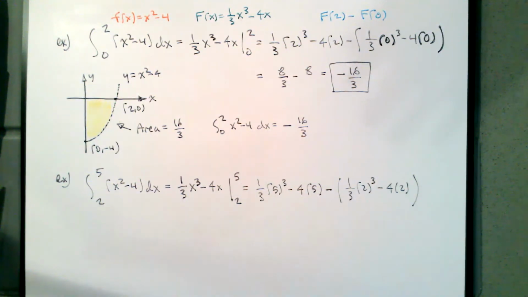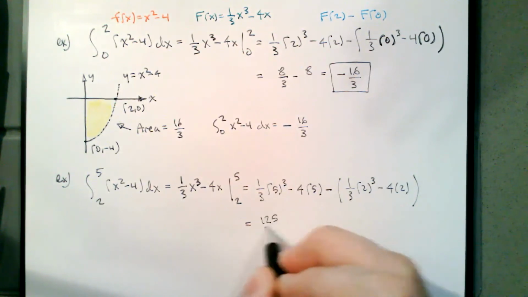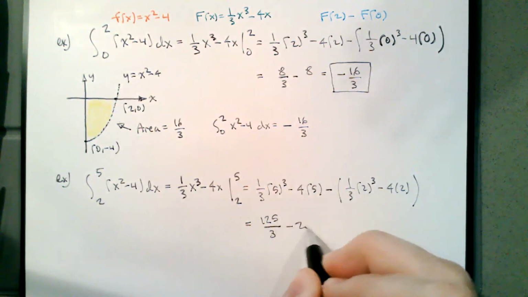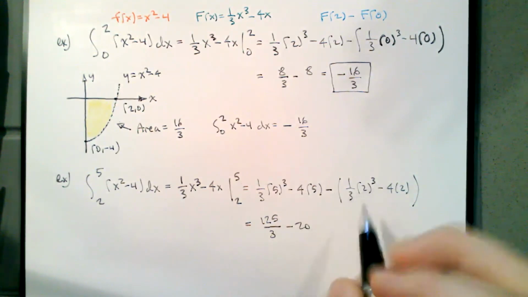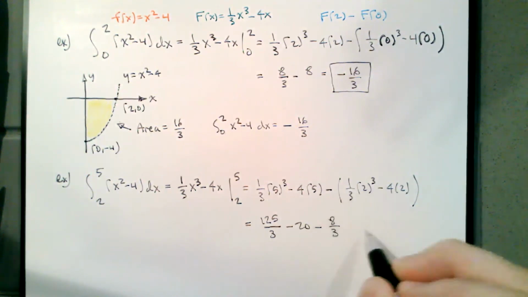So here we're going to have 125/3 minus 20, and then minus 8/3 and plus 8.